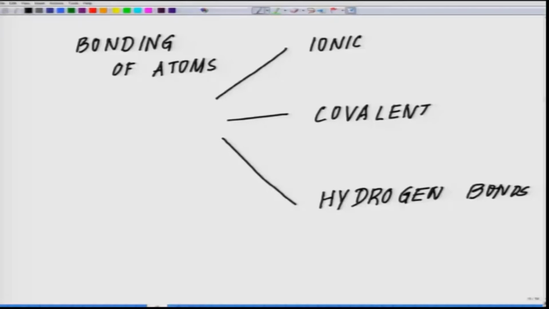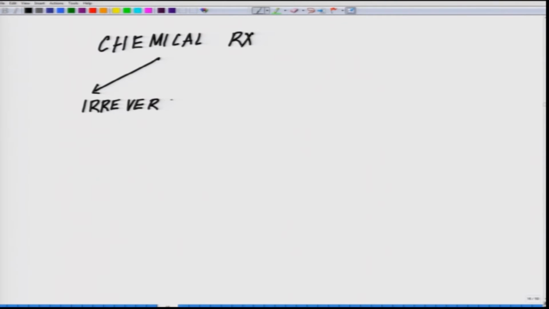Okay. So, from here we move on to the basics. All these different kinds of molecules go through a series of chemical reactions. Okay. Rx stands for the reactions, and they could be either irreversible or reversible.